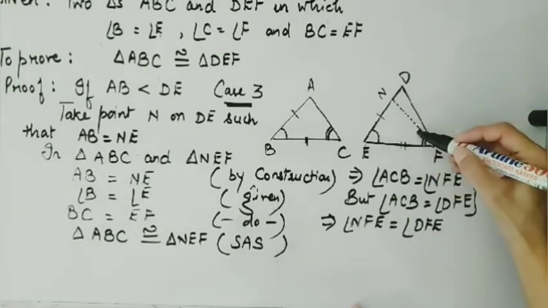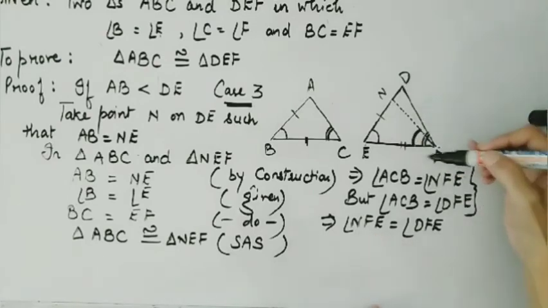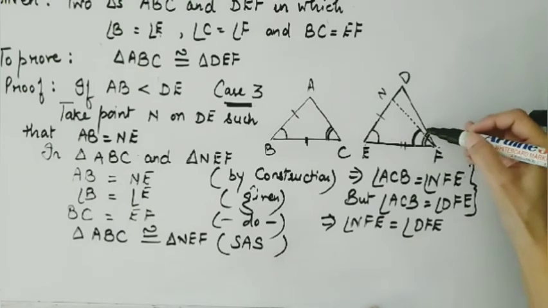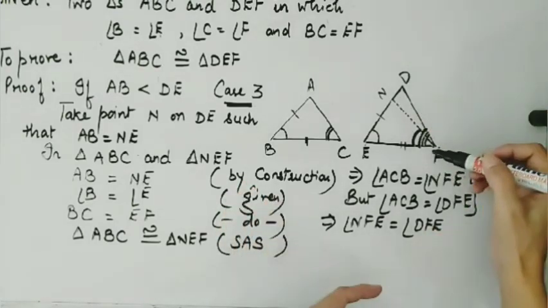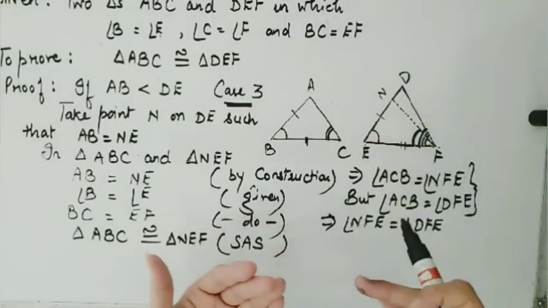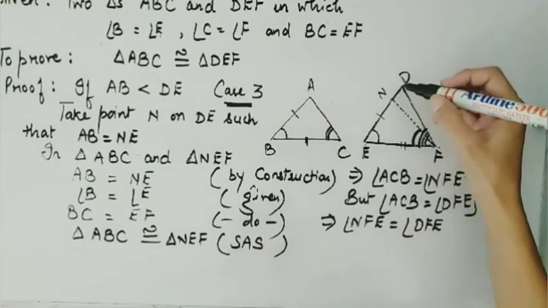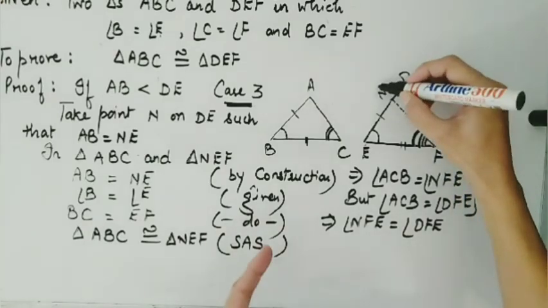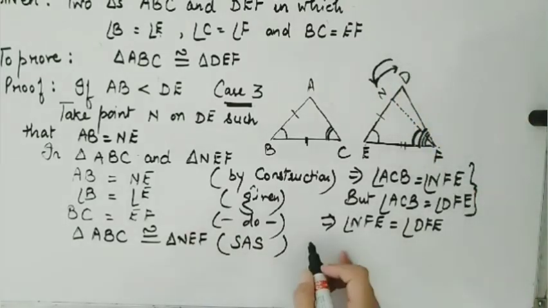NFE, only this much angle, will be equal to DFE, the whole angle. Is it possible that an angle contained inside another angle can be equal to it? It's not, because if we want this to be true, it can happen only if N and D overlap.